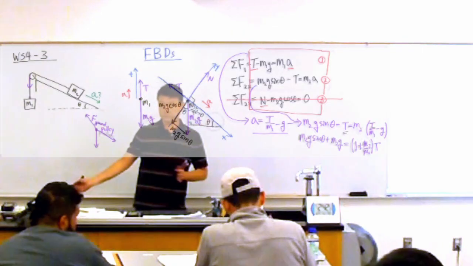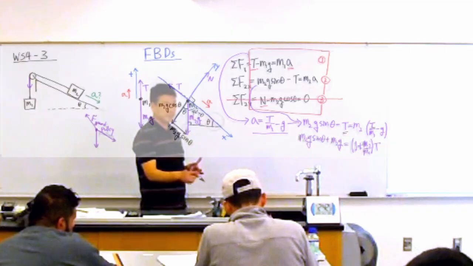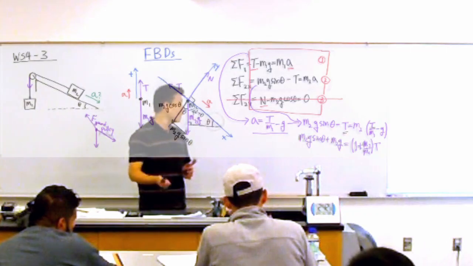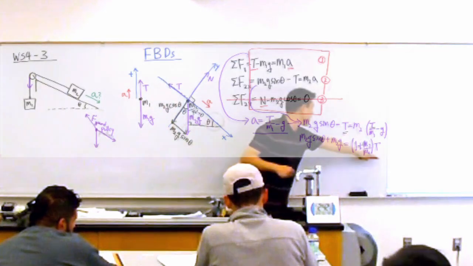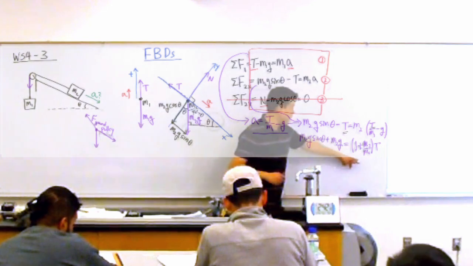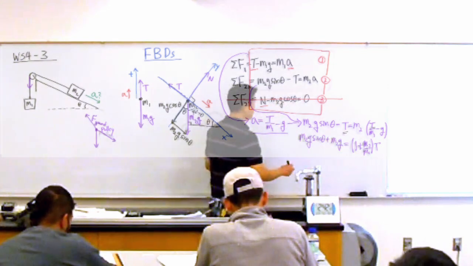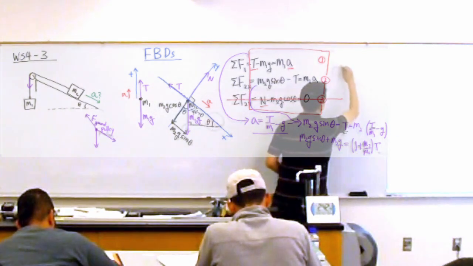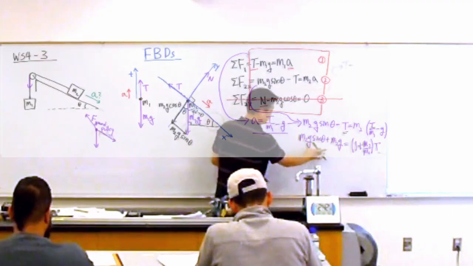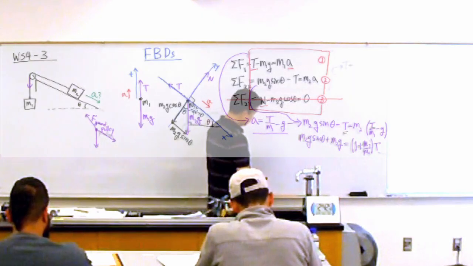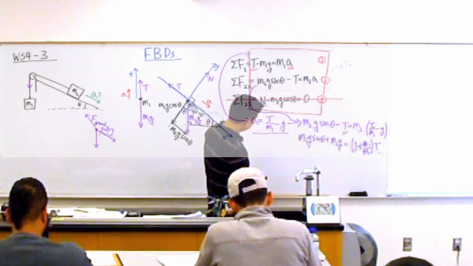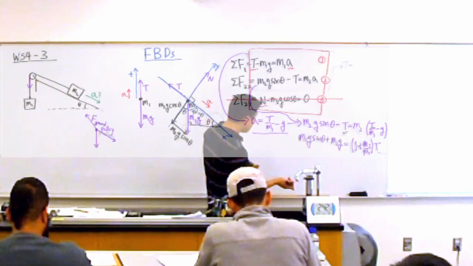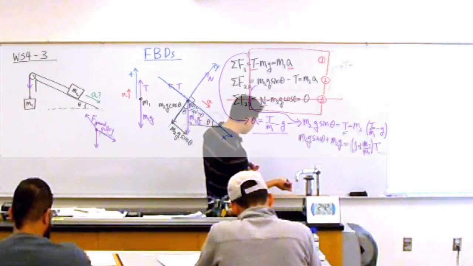Everyone good? To solve for T, I divide both sides by this expression here. So T is equal to this whole thing. There's a lot of m2s there. Did I miscopy something?